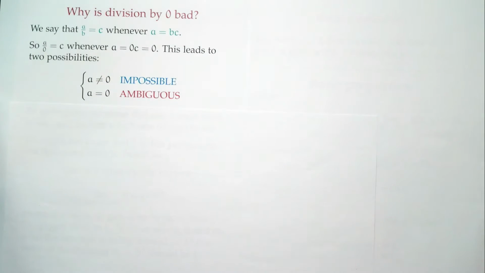There's a lot of what's called ambiguity. Anything would work. So 0 over 0, the issue with it is not necessarily that it's undefined, but that it's ambiguous. And so a very fancy term you might hear is it's indeterminate. You cannot determine what it is just by that expression.